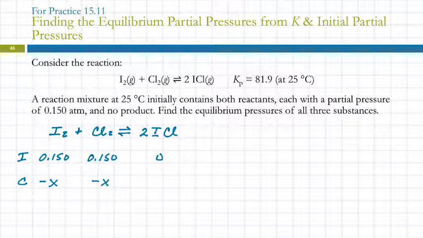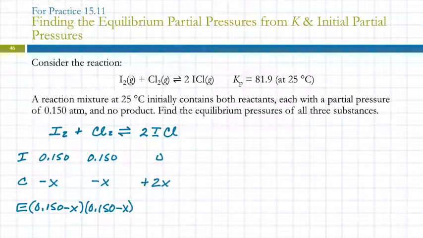Plus 2x, because of this coefficient. 1 iodine will give you 2 of these. Then for the equilibrium pressures, we just add those 2 columns. I'm going to put parentheses around those so they don't get lost. And this one's just going to be 2x.